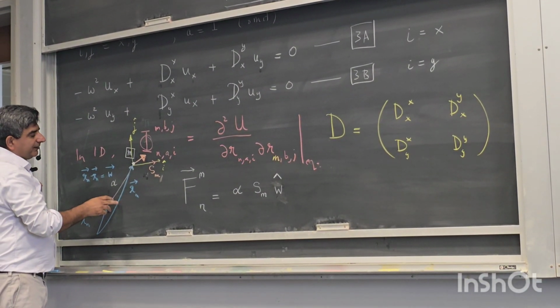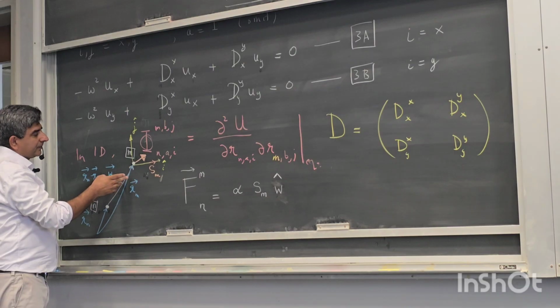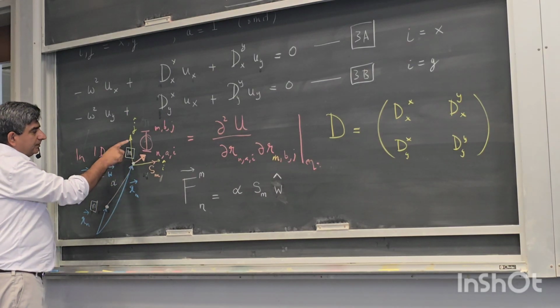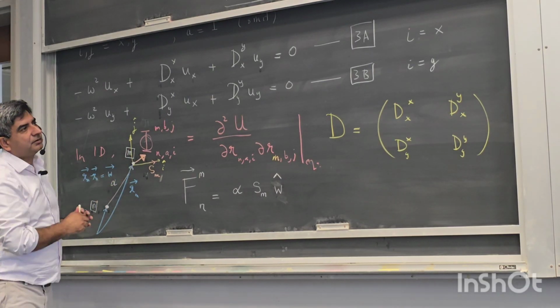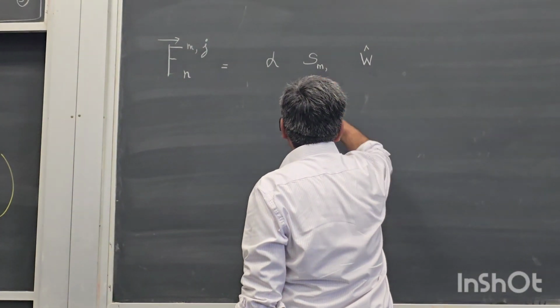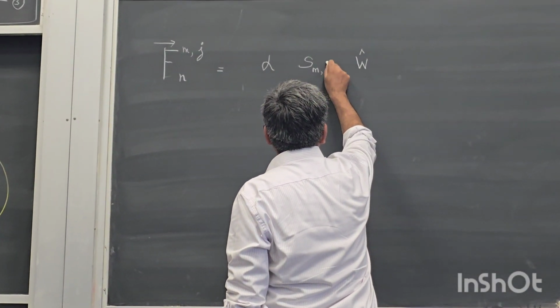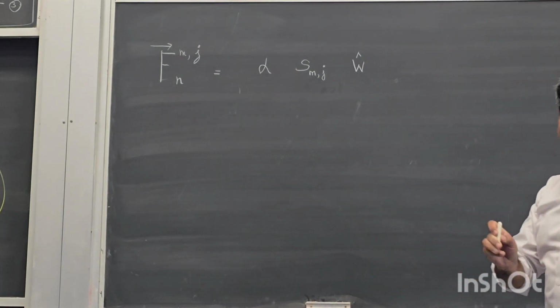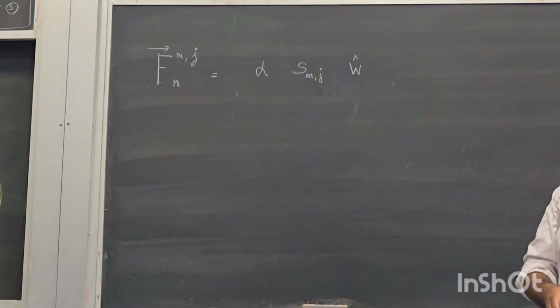It is given by the projection, Sm along the j direction. So now instead of Sm, I have a component of Sm.